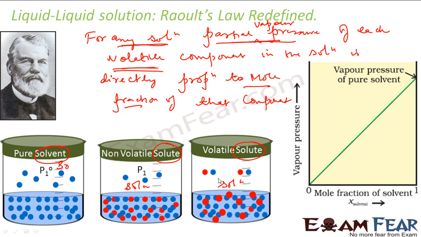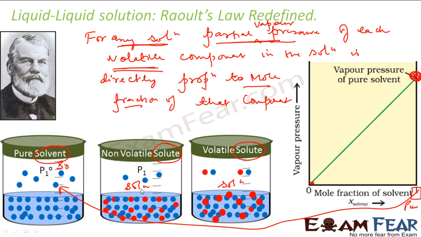If the mole fraction is 1, that means I have pure solvent, and the vapor pressure of pure solvent is here. You decrease the mole fraction, that means you add impurity, and the pressure will decrease. You keep increasing impurity, the vapor pressure will decrease.